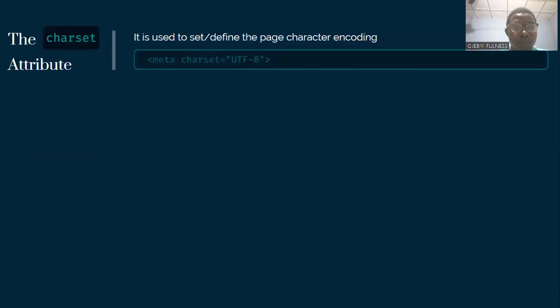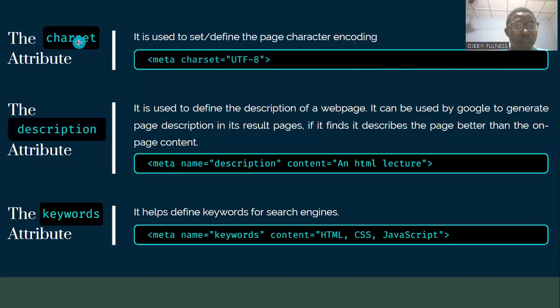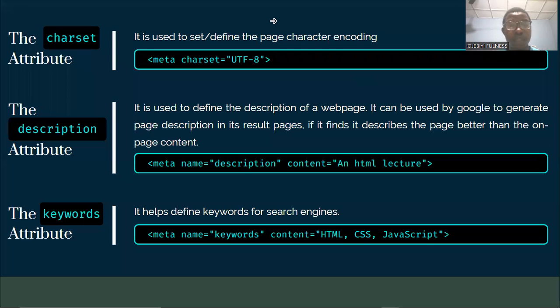The character set attribute, charset, is used to define or set the page character encoding, and in HTML what you use mostly is UTF-8. So that's the character set we use, UTF-8. So let me just show an example on Visual Studio Code, my text editor.